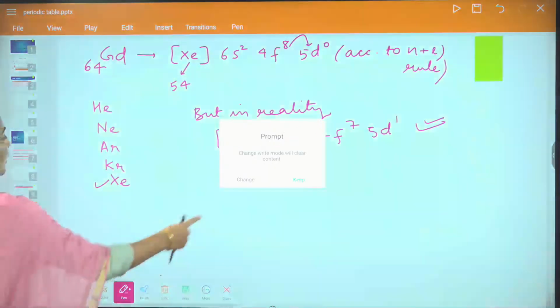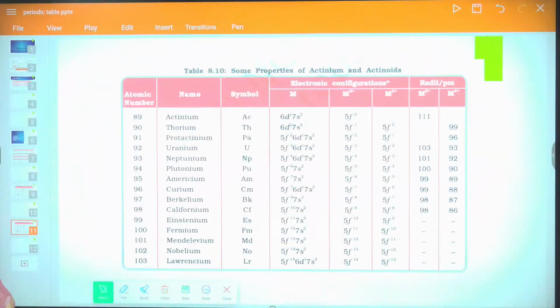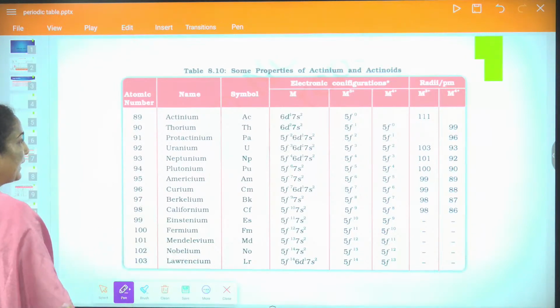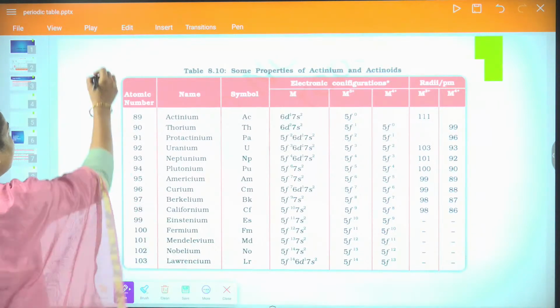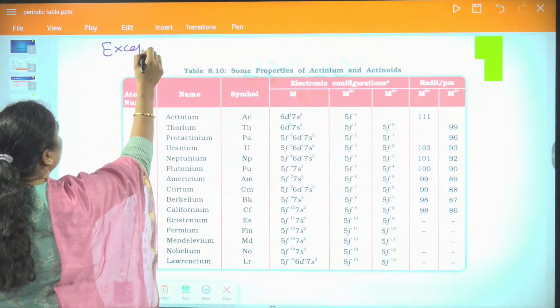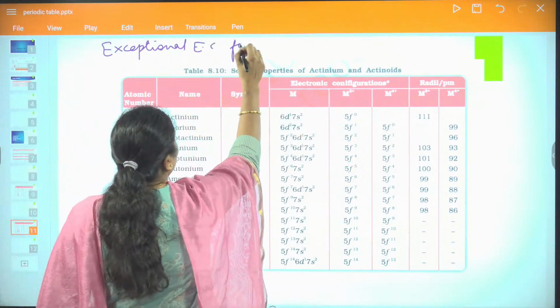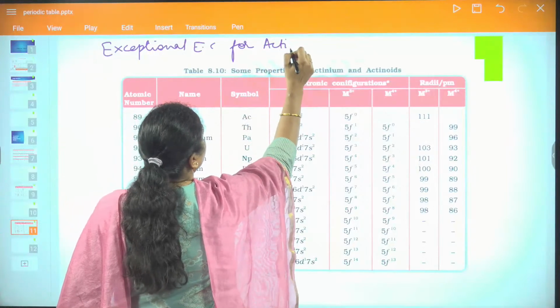Now let us move on towards the last segment here, which is basically for actinoids. So put the heading as exceptional electronic configuration for actinoids.